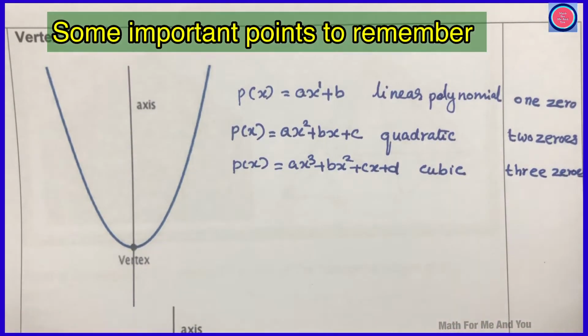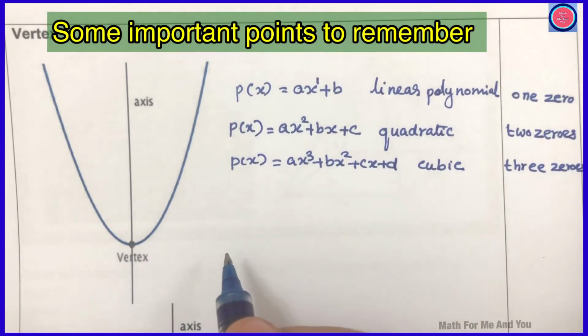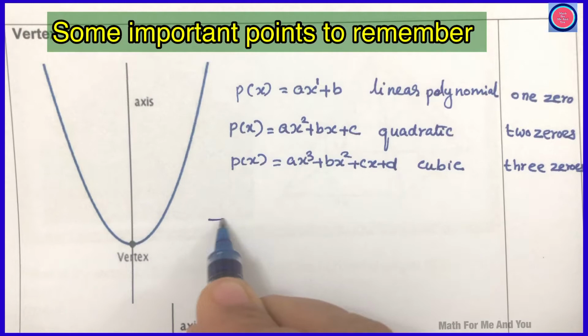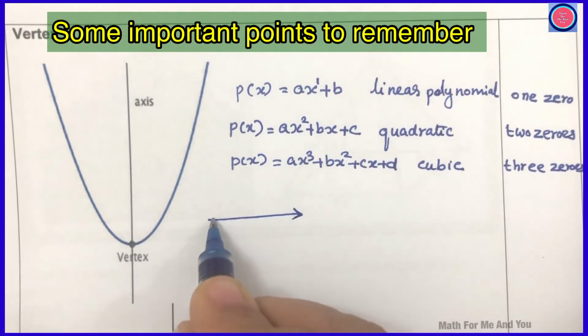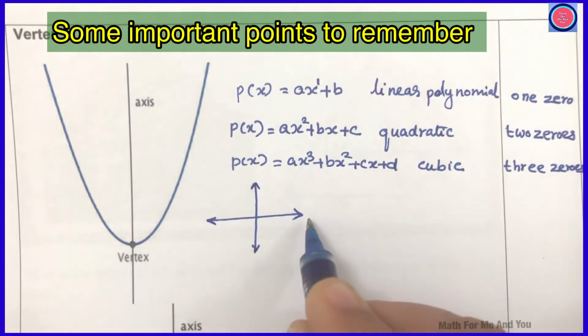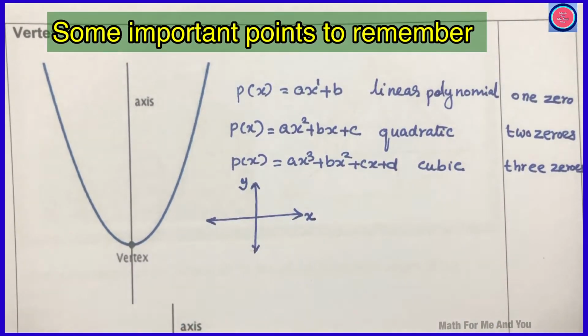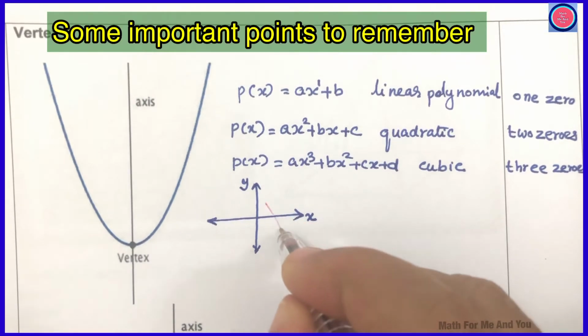Also we have studied that from the graph of a polynomial we can say how many zeros it has. For that we look at how many points of intersection the graph makes with the x-axis. You can see here the x-axis and y-axis. Now you can see the graph of a linear polynomial. Linear polynomial means the graph we get is a straight line.